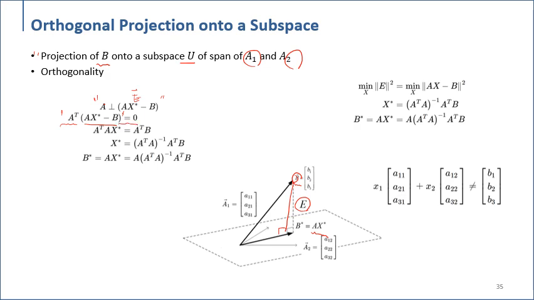By rewriting this, we can obtain x star like this. Our ultimate goal is to find b star, which minimizes the error, and b star is simply A times x star, which is equal to A times (A transpose A) inverse times A transpose b. So this is the solution. This is what we call the least square solution.